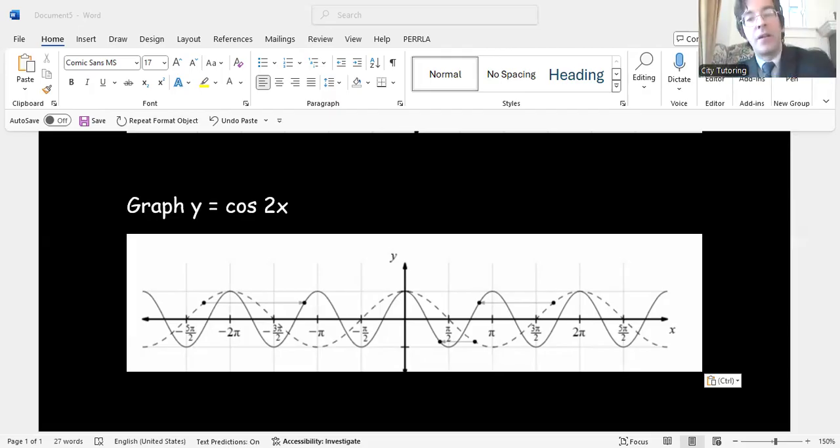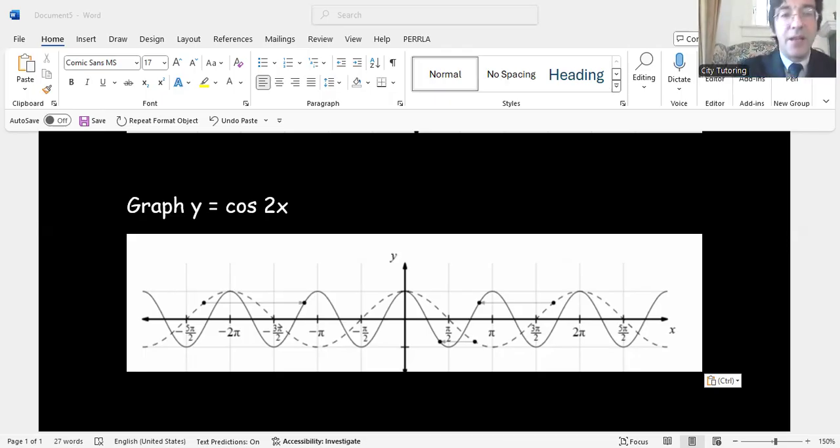Since we are compressing this graph horizontally by a factor of a half, you produce the graph that is here, cosine of 2x, and it repeats every 2 pi times a half. Remember, half of 2 pi is pi. So the period of cosine of 2x is actually pi.